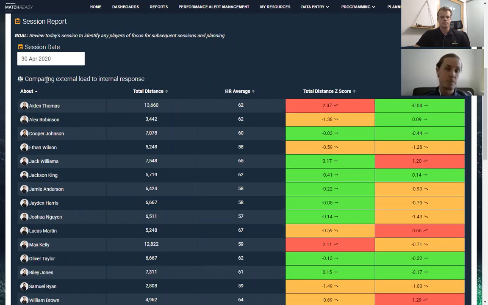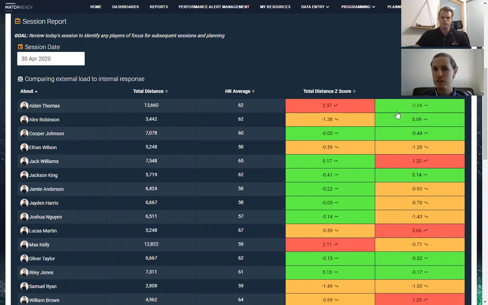I've just done a really simple example here of comparing their external load, being the load that we've prescribed on the body, say, I need you to run 6 kilometers today, 10 kilometers today, and then looking at their actual internal response. So what's their heart rate doing in terms of what we've elicited in the program. Here we're doing some really simple calculations using just a Z-score compared to their seasonal average or training session average, however we want to configure that.